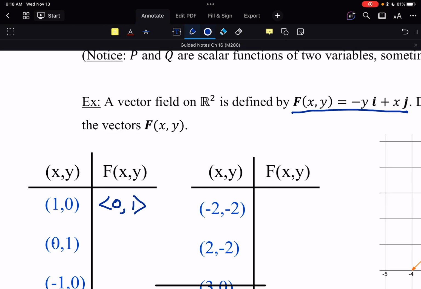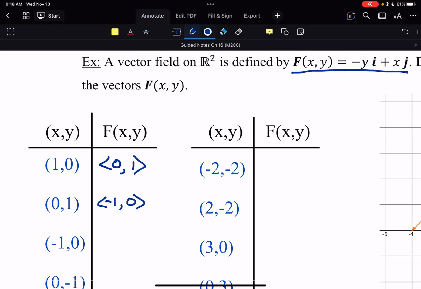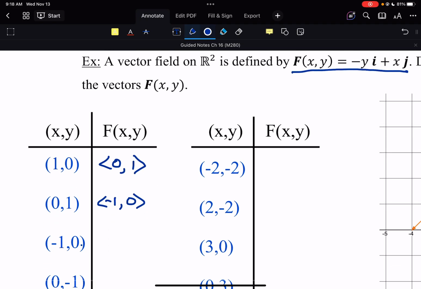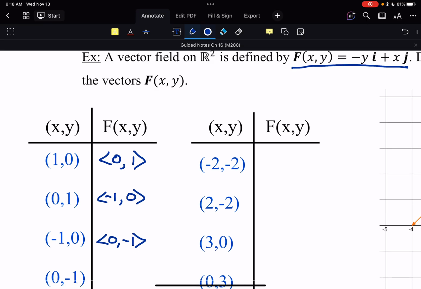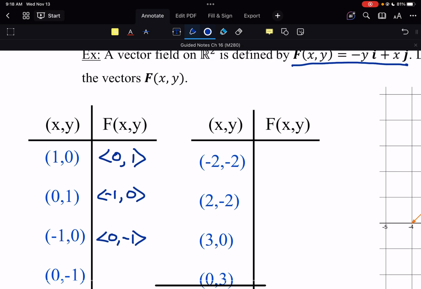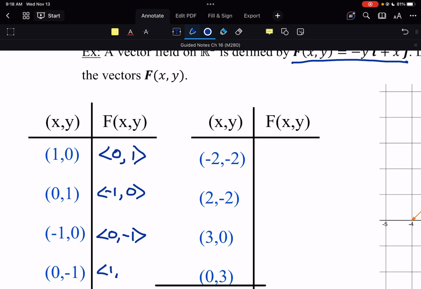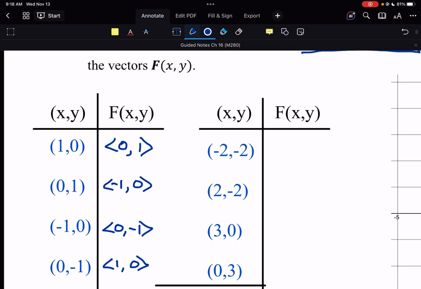If we plug in the point (0, 1), we get negative 1 i plus 0 j. So that's (-1, 0). It's basically just flipping them and negating the first one. For (-1, 0), we end up with (0, -1). And then for (0, -1), we get (1, 0) for the vector.